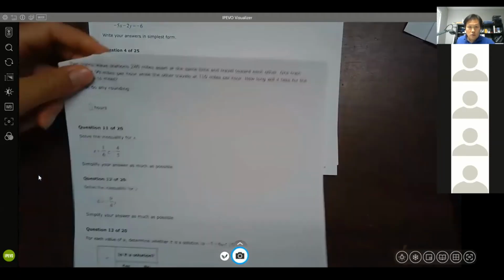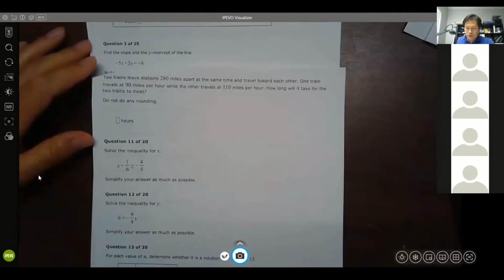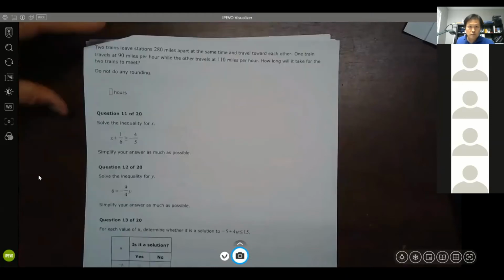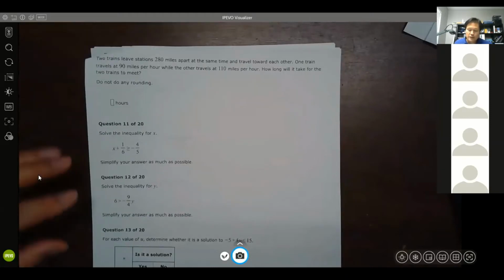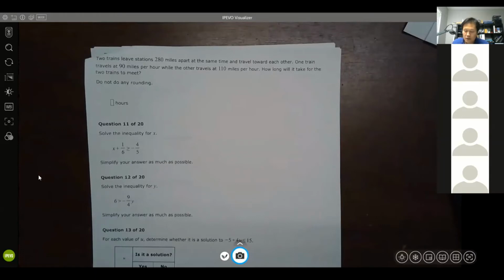I think it's worth a try. How long will it take the two trains to meet?